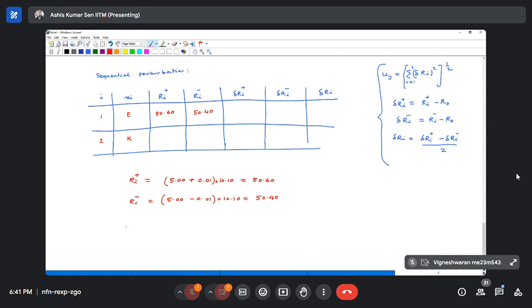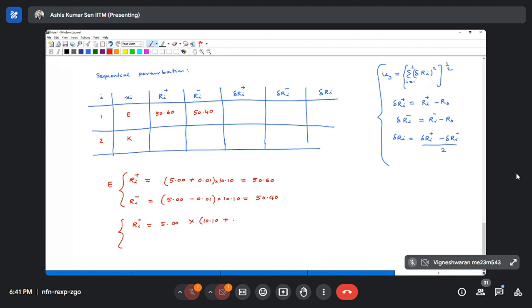Then you have to do the same for K. So this is for E. For K, Ri plus will be, you introduce the perturbation now in K. So 5.00 is the voltage into K, which is 10.10. There you introduce perturbation.